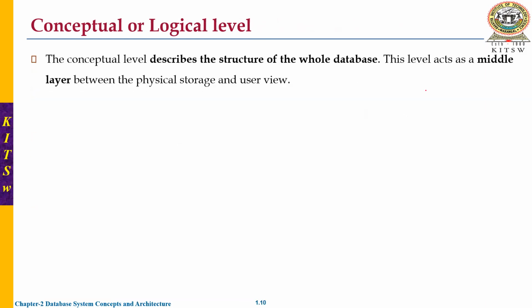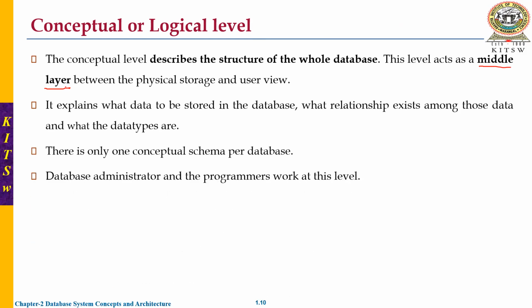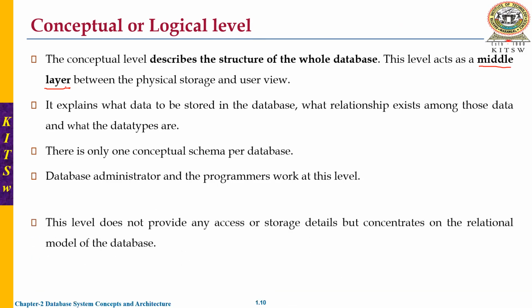The second level is the conceptual level or logical level. The conceptual level describes the structure of the whole database. This level acts as a middle layer between the physical storage and user view. It explains what data is to be stored in the database, what relationships exist among those data, and what the data types are. There is only one conceptual schema per database, and the database administrator and programmers work at this level.